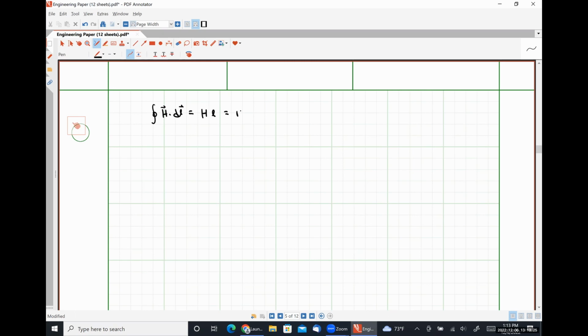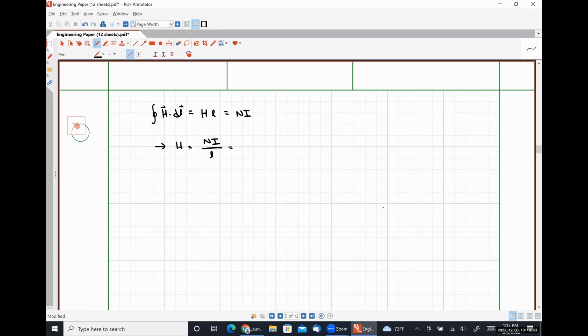And this was equal to the MMF that was driving the flux around the circuit. So if we wanted to find H, this would simply be Ni, our magnetomotive force, divided by the average length the flux travels.